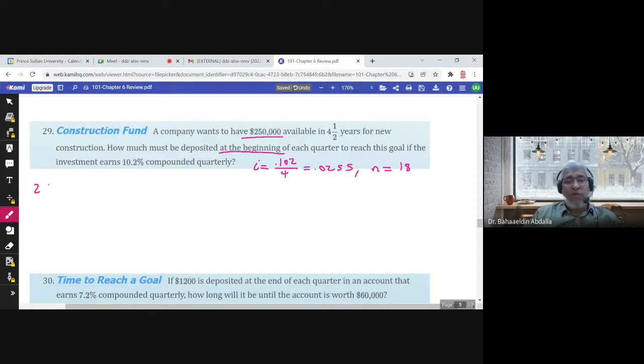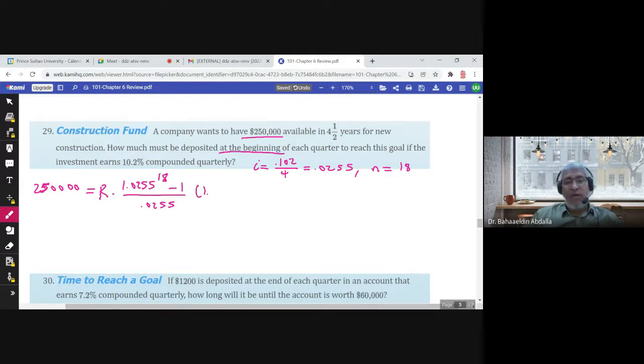And now the future value is given, 250,000, of this annuity. And R is what we need to find, the deposits, times 1 plus I, okay, to the power n minus 1 over I, and this is an annuity due.